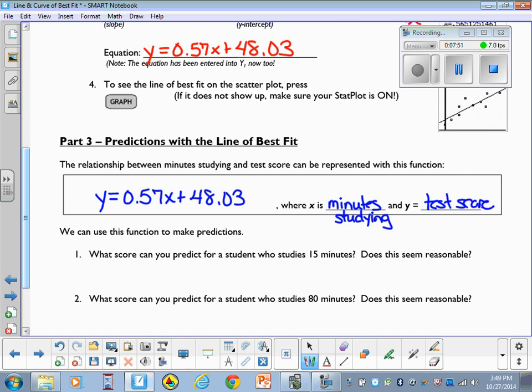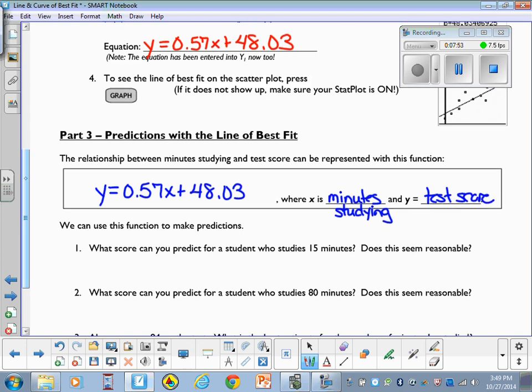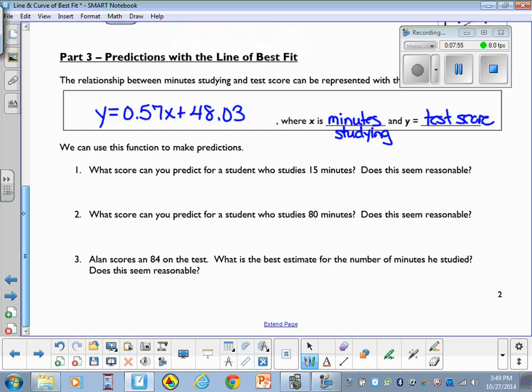So, what do you predict for a student who studies 15 minutes? Well, I'm just going to take this 15 and substitute into the equation for x. y equals 0.57 times my 15 minutes plus 48.03.